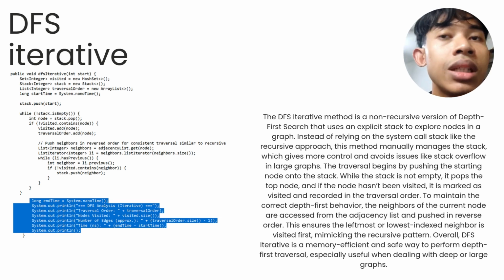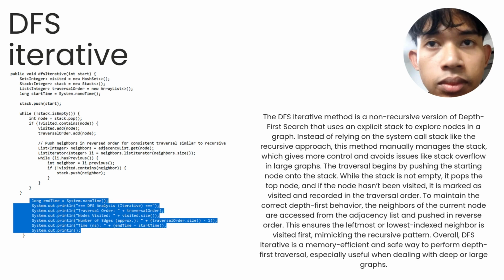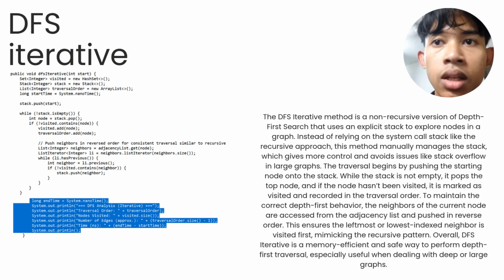So the traversal begins by pushing the starting node onto the stack. While the stack is not empty, it pops the top node, and if the node has not been visited, it is marked as visited and recorded in the traversal order.